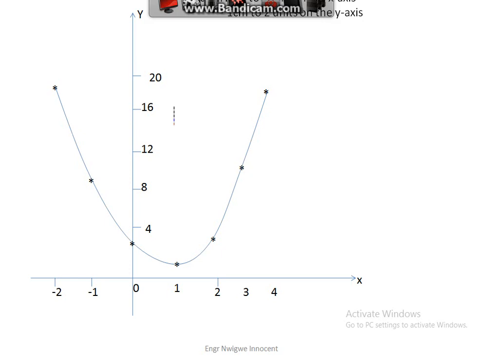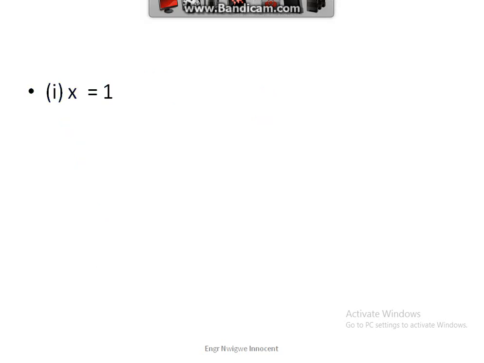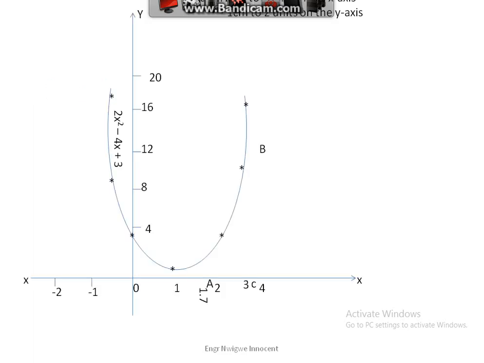That means dividing the graph into 2 equal parts. Therefore, if you go to the graph and trace this line, it is equal to 1. Therefore, our answer to question 1, which is the equation of the line of symmetry of the curve, is x equals 1.